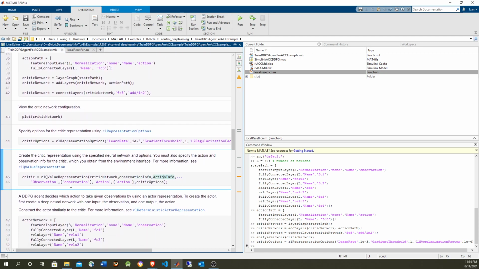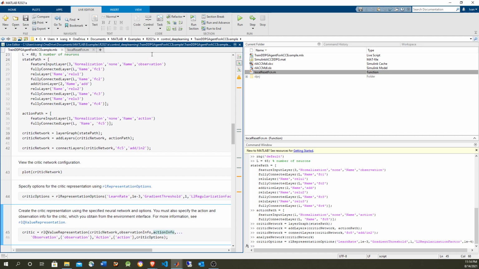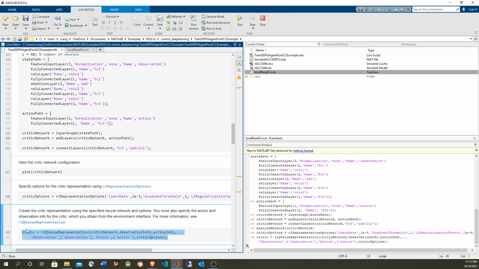We have to specify also the input name observation from the layers, and the action, which is the input of the action, and also the options that we just created here. And finally the network in here that we created. With that, we have the critic.